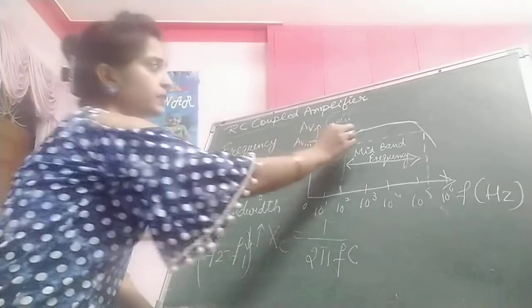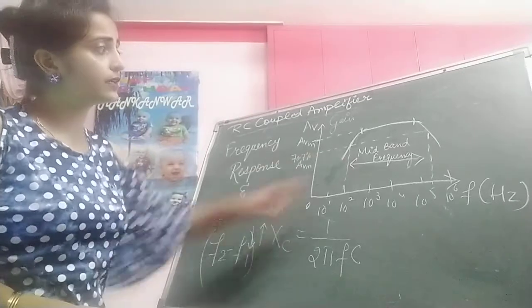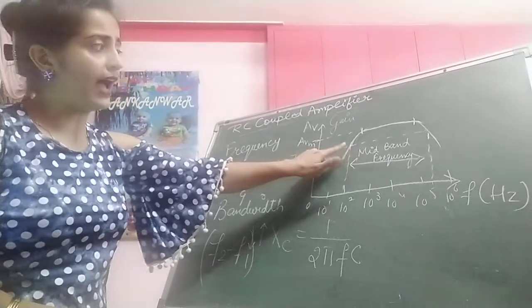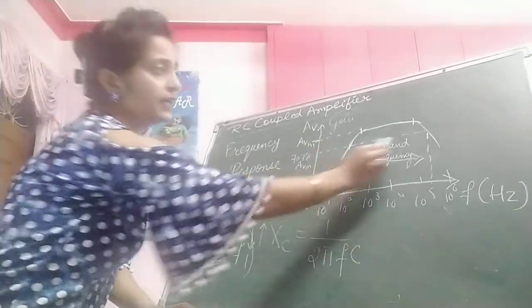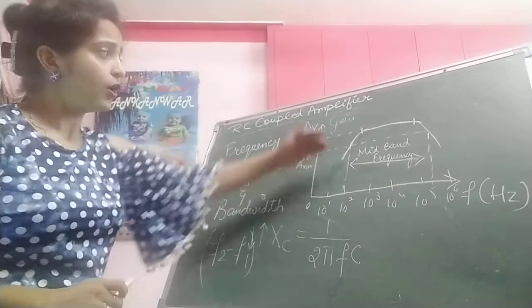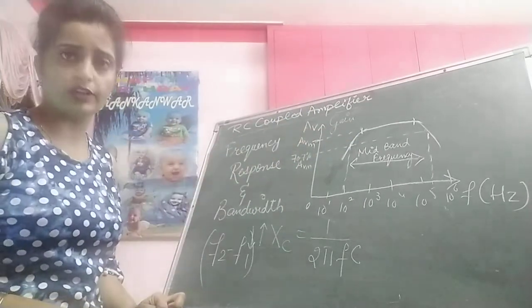Here we will not be calculating the bandwidth from the maximum gain part. As you can see, I have calculated the mid band frequency range at a somewhat lower portion than the maximum voltage gain.